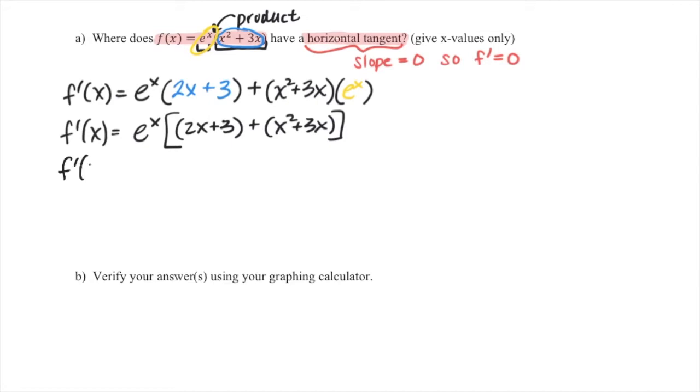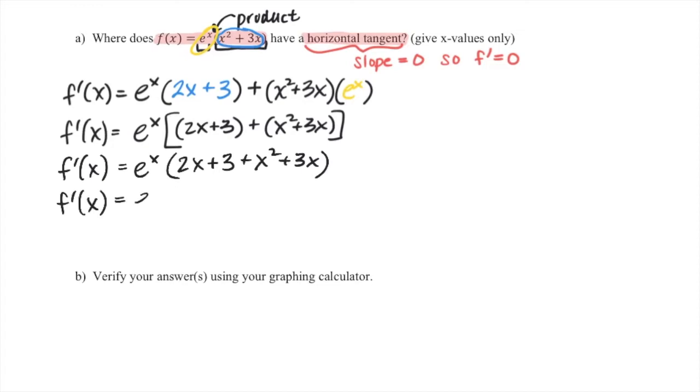So we can essentially drop these parentheses that are inside the brackets, and we're just going to simplify 2x plus 3 plus x squared plus 3x. So we have a simplified derivative now, e to the x times x squared plus 5x plus 3, once we combine like terms.